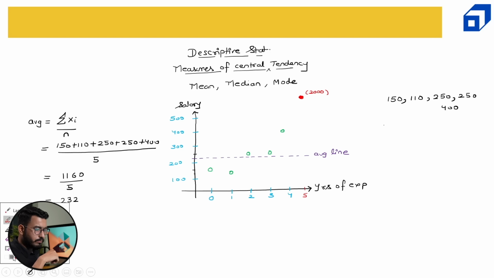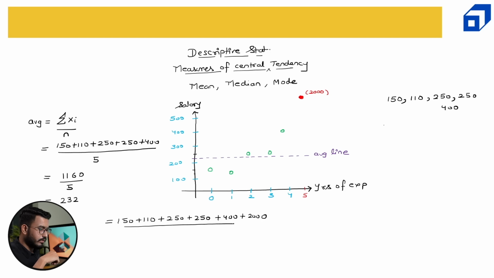So now the data points would be 150 plus 110 plus 250 plus 250 plus 400 plus 2000 divided by 6. So previously the summation was 1160, I will add 2000 to this, so this will be 3160 divided by 6, so you will get 526 point something.